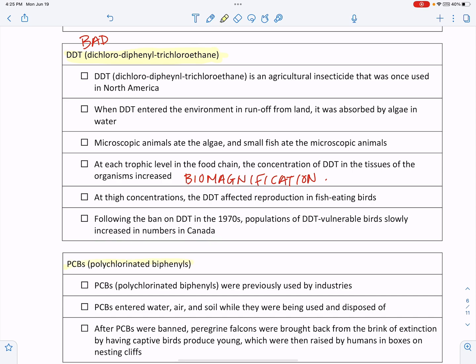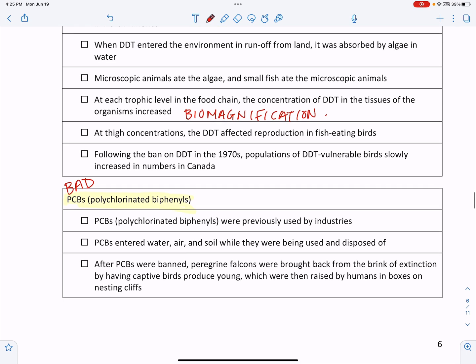Another example of bioaccumulation that has negatively affected the environment are PCBs, or polychlorinated biphenyls. These molecules are used by industry, or I should say were used by industry.